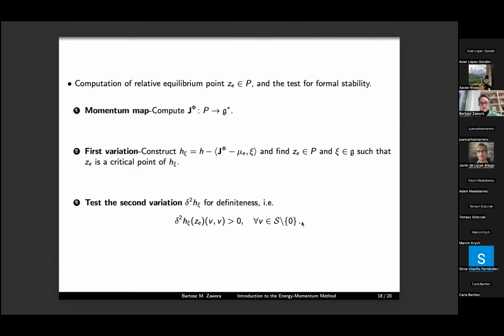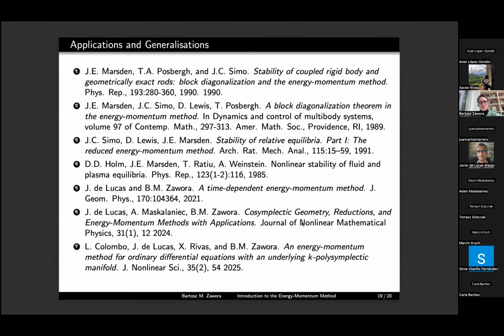So as I said at the end, I would like to comment on some applications and generalizations. I chose some of them, maybe not the most important ones, but important.